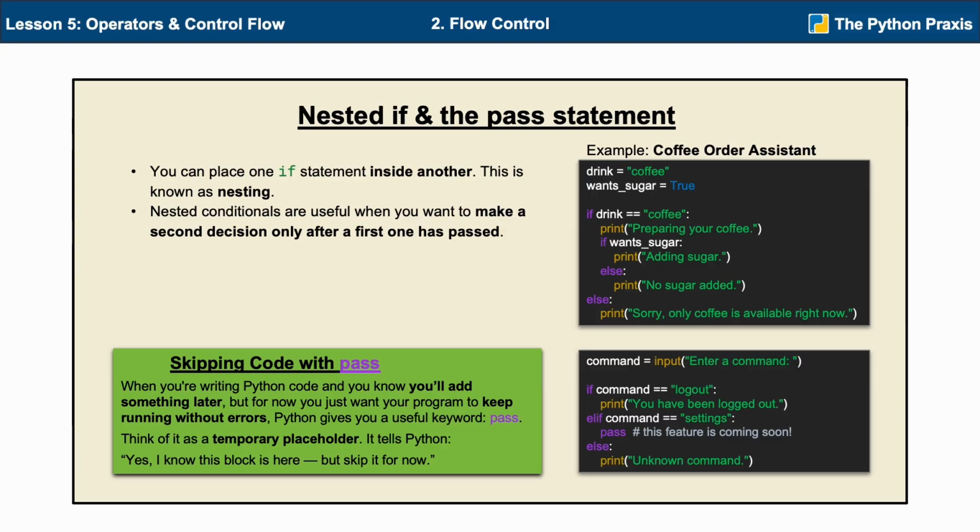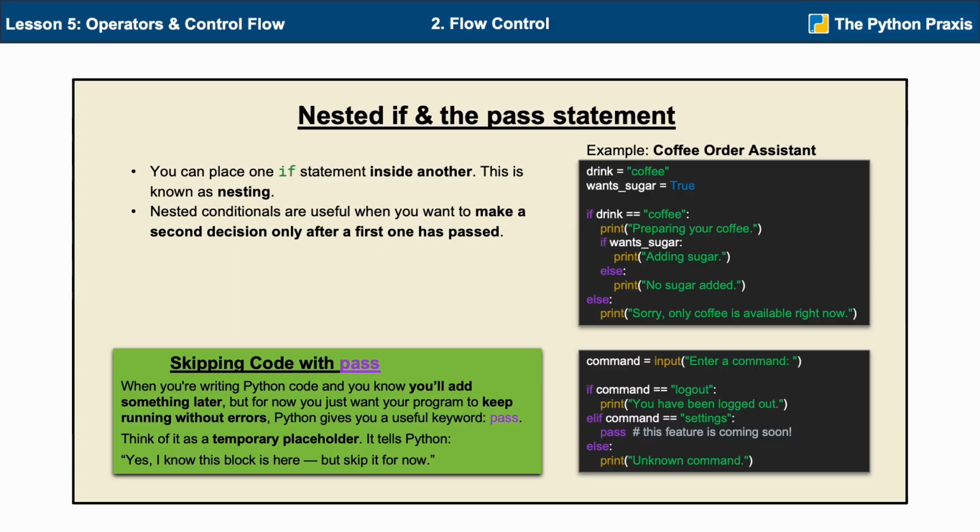A second if condition is placed nested inside the first if condition, and in case the drink is coffee, meaning the first condition is true, it checks whether to add sugar in the coffee or not. If the variable wants sugar is true, it prints the message adding sugar. Otherwise, if the wants sugar variable is false, it prints another message, no sugar added.